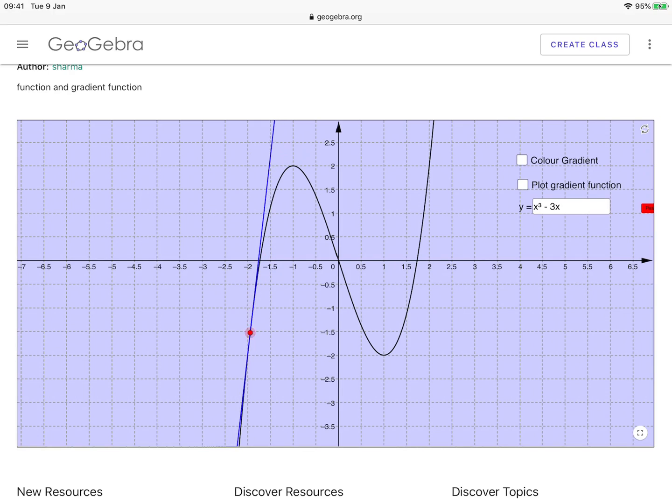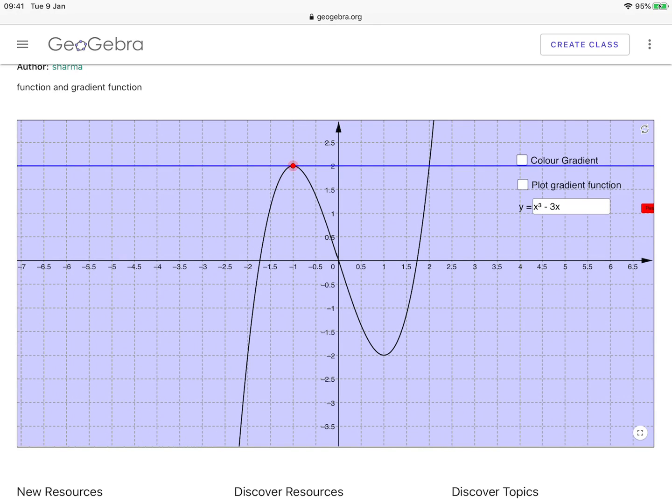Again, have a look at what's going on here. Everywhere I'm going along here, as I move along with the red, the gradient is going to be positive. That means that dy dx will be positive, meaning that when I plot it, it will be above the x-axis. This is actually going to plot them on the same axis. I'll get to here and there's a key point.